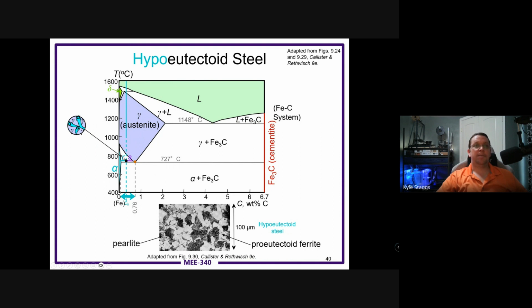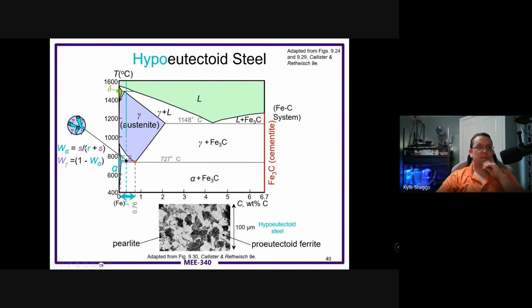So you have R and S type, and we'll cover a little bit more about that later. But the key to understand is the weight fractions here. This is going back to your lever rule and applying these principles, right? So you have a weight fraction of alpha and a weight fraction of gamma.